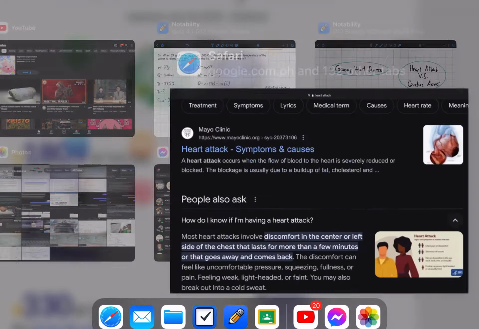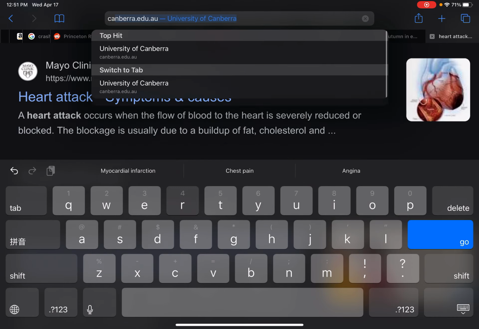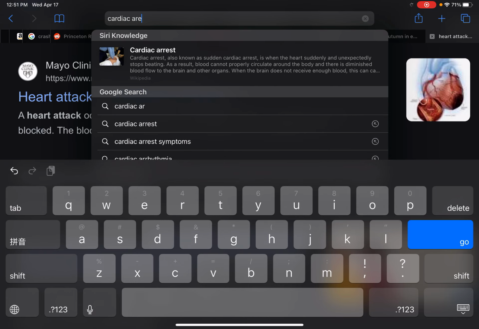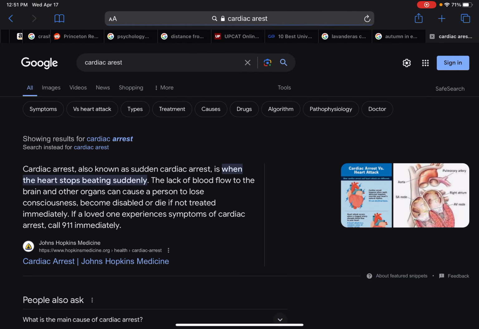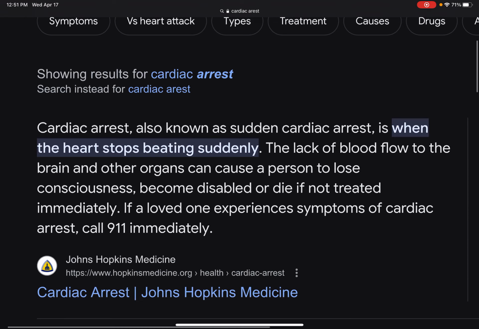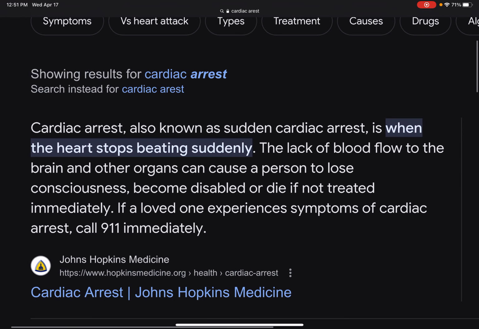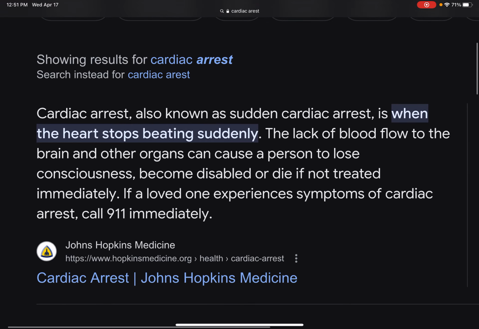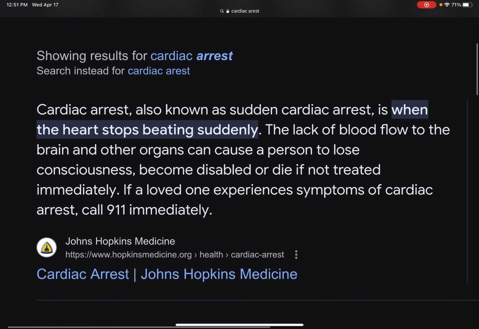For cardiac arrest, it's an electrical problem. The heart stops beating suddenly, and the lack of blood flow to the brain and other organs can cause a person to lose consciousness.